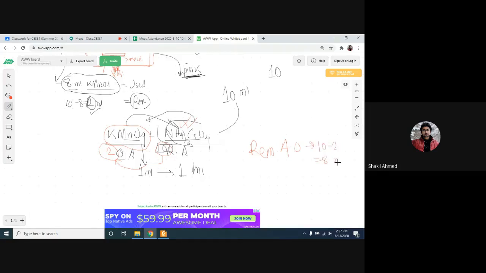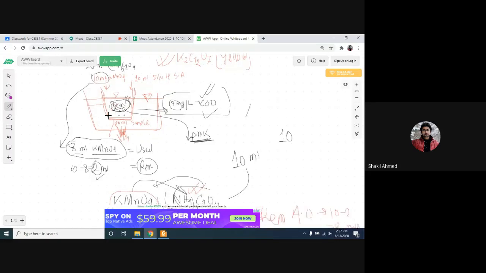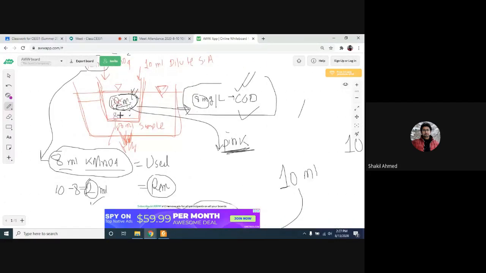Am I right or wrong? Right. Do you have potassium permanganate here? No, because it has been cancelled by ammonium oxalate. What do you have now? You have 8 ml of ammonium oxalate.